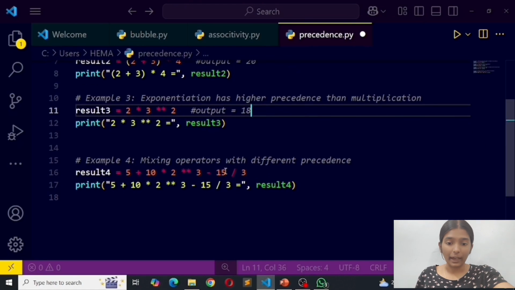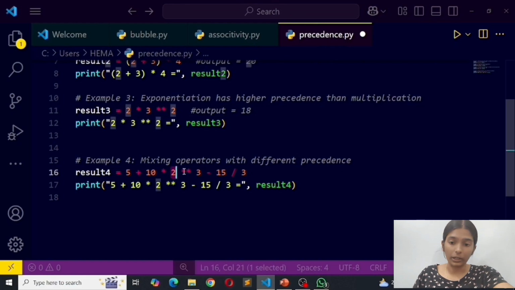When you look at example 4, we have different operators here: exponentiation, multiplication, division, subtraction, addition. So we have to know the precedence of these operators. We know that exponentiation has the highest precedence, then multiplication, then division, then addition and subtraction.